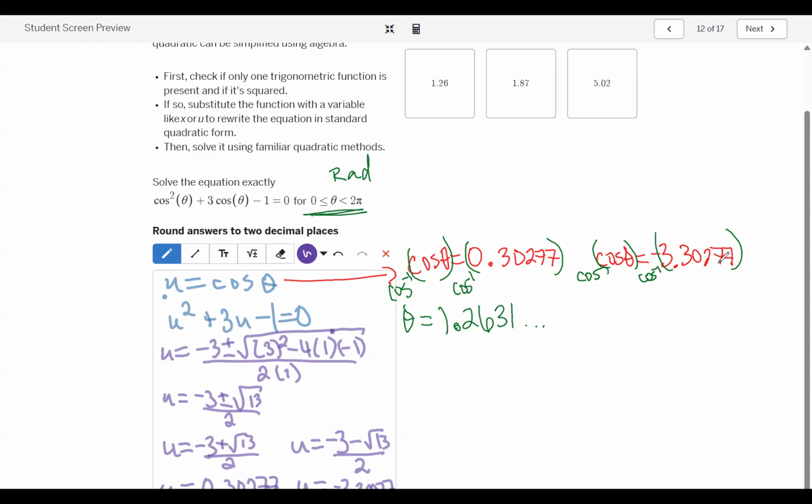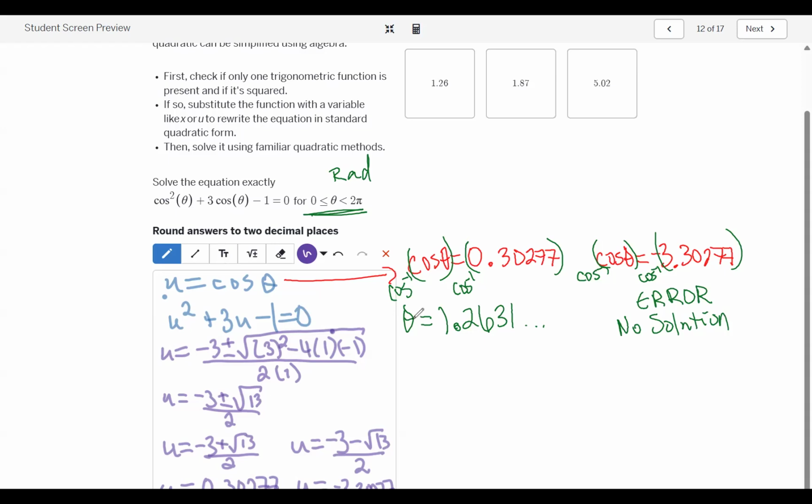Not unless we have an amplitude, but there's no amplitude in front of this. So this -3 is impossible. If I type this on the calculator, I'm going to get an error. So this part gives us no real solution to work with, so we just chuck that side out.